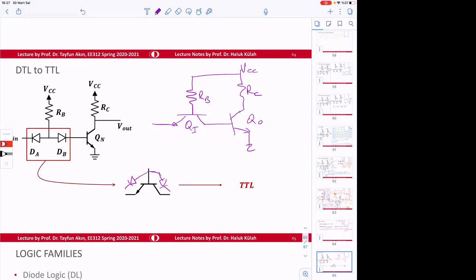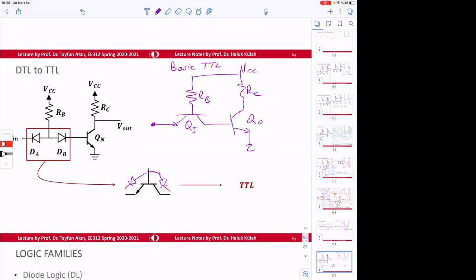Okay, so we claim that this is a way to implement an inverter. This is called basic TTL. In fact, in the future, we'll be adding some more elements here.